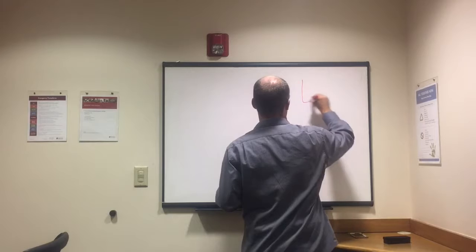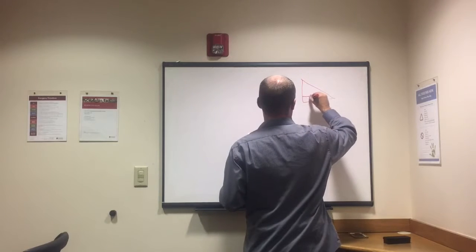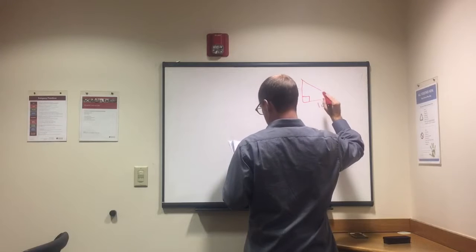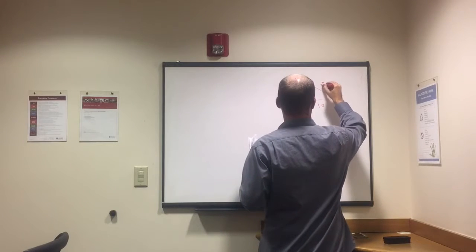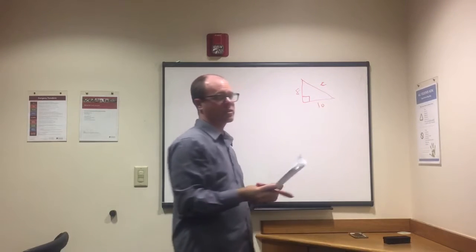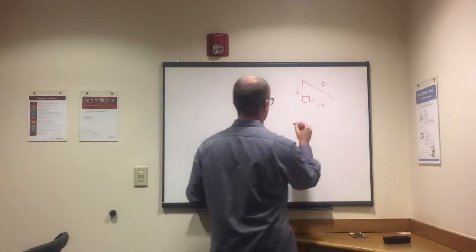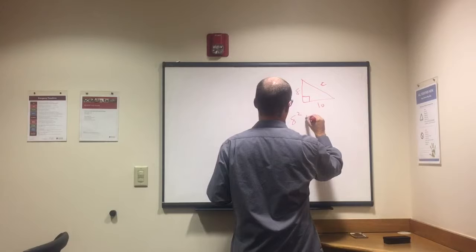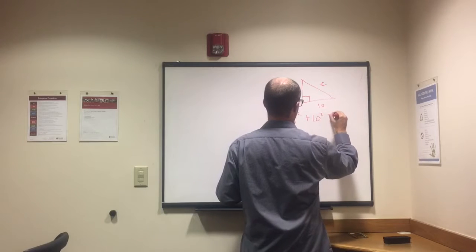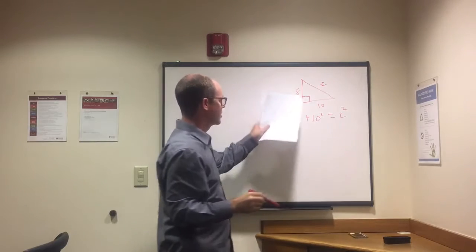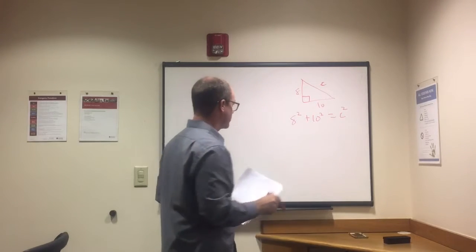Okay, right triangle. Remember, it's got to be a right triangle. Don't fall for it if it's not. Maybe we can't do this fun a squared plus b squared equals c squared. Okay, once we see this, again, we're just plugging in 8 squared plus 10 squared equals c squared. Just throw a squared on each of these three things.